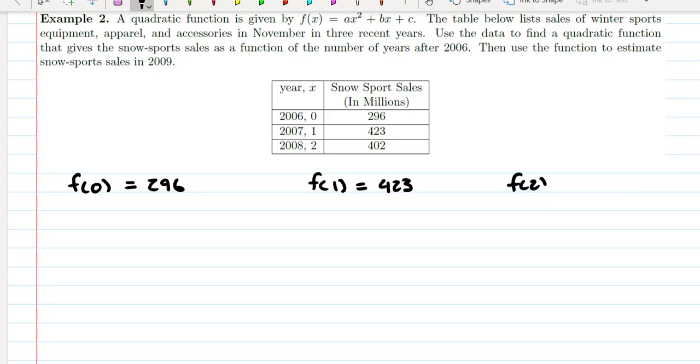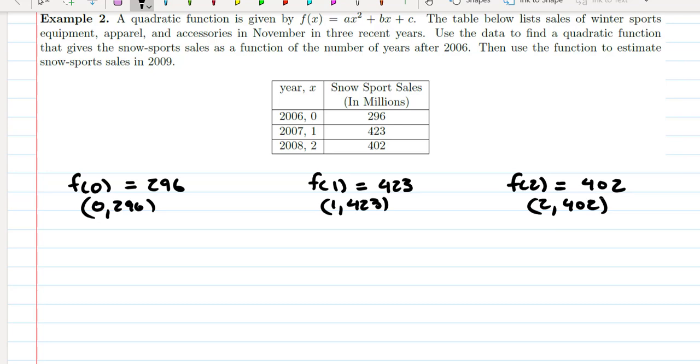And f of 2 has the output 402. Well, these are really just ordered pairs, right? If we remember right, this is the ordered pair 0, 296. This is the ordered pair 1, 423. And this is the ordered pair 2, 402.